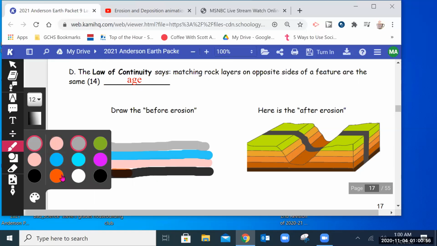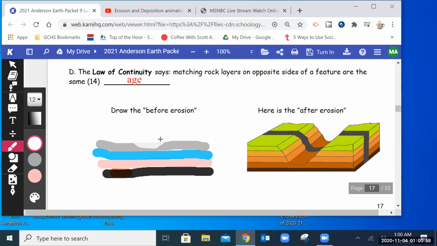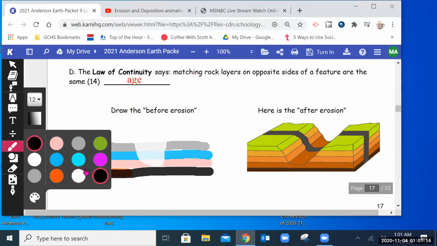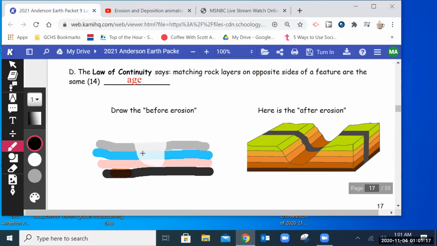So first you erode that, and then you erode a little bit deeper, and then you erode deeper and deeper yet. And so now we can see that the picture I have on the left is sort of like the picture on the right with slightly different colors. But you can see then that the layers on opposite sides of a valley were originally all together. It's just that the river cut through it and separated the cliff faces.